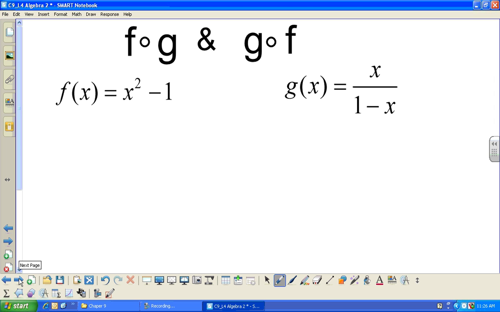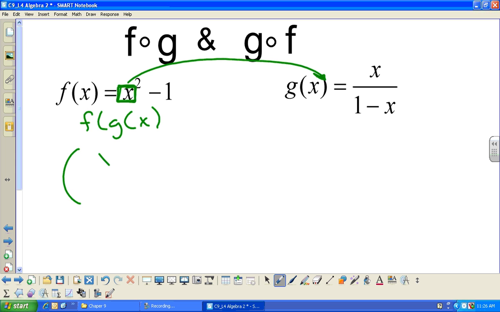I want to find f of g and g of f again. So I start off when I'm finding f of g by writing the function of f. Anytime I see an x, if you're confused, you should box in where you see an x. And whenever I see that x, I replace it with g of x.